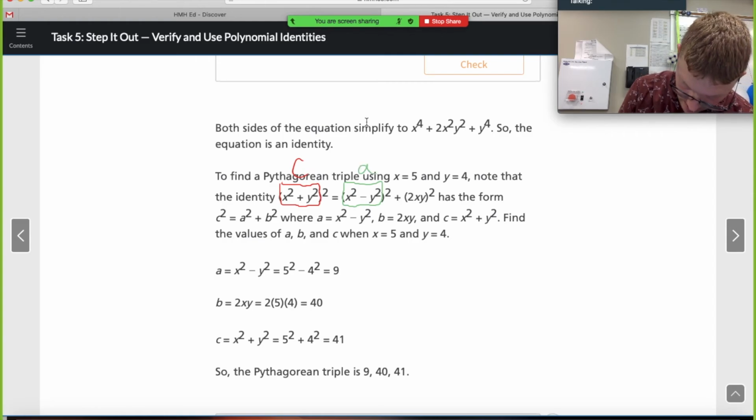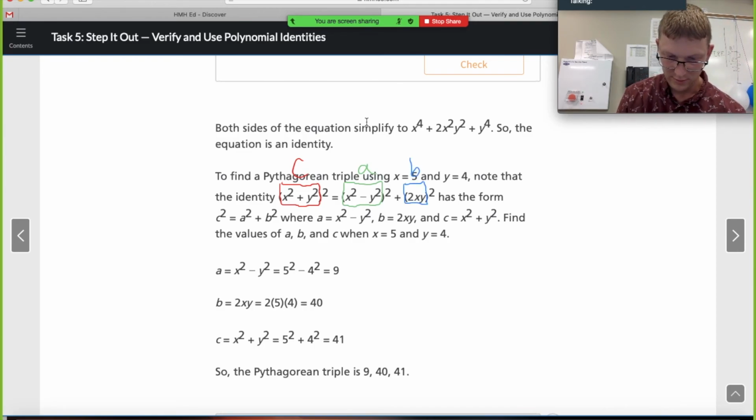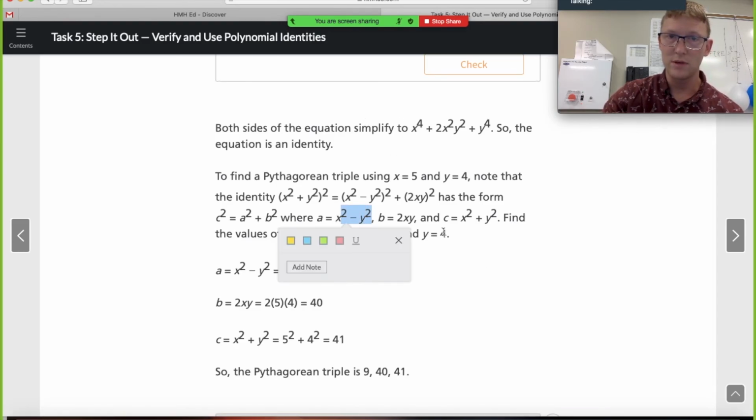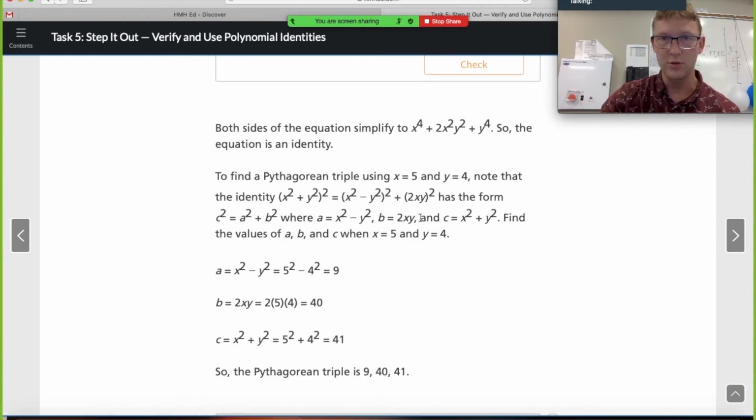There's your a. And there's your b. Clever, right? So we've got c squared equals a squared plus b squared, or at least the same format. So where a equals x squared minus y squared, b equals 2xy, and c equals x squared plus y squared.